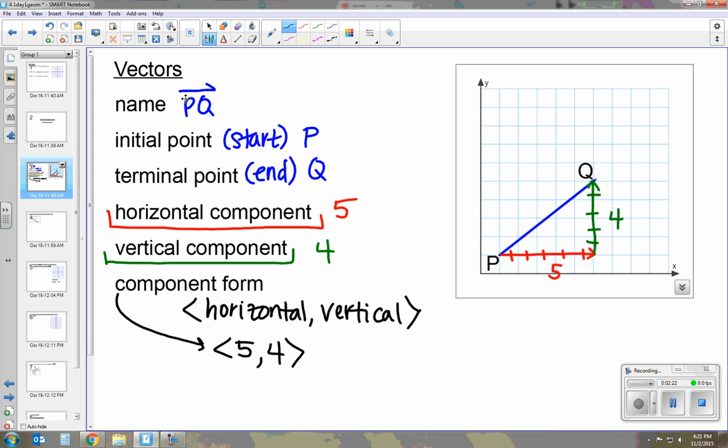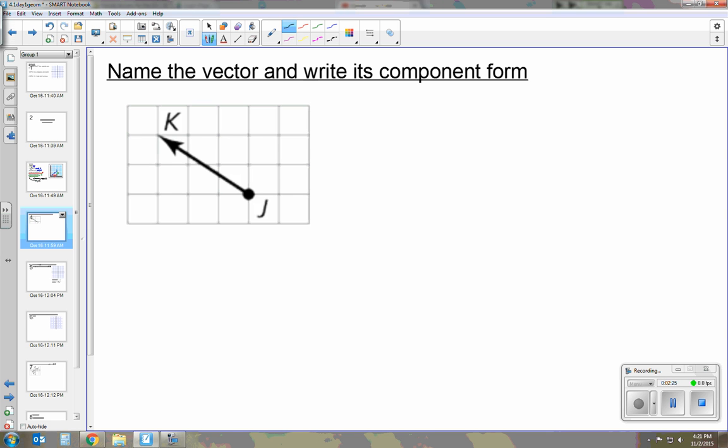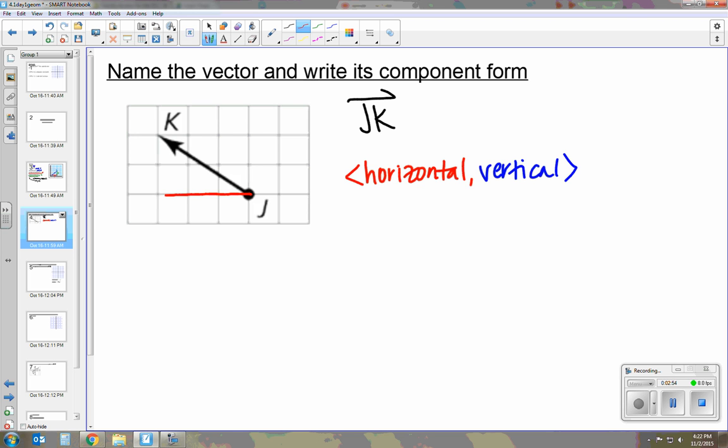So let's practice that. It says name the vector and write its component form. So the name of this vector is JK. And make sure we put that half arrow on top of it. And then our component form is always our horizontal, and then our vertical. Okay, so let's count our horizontal. From J to K, horizontally we're moving to the left.